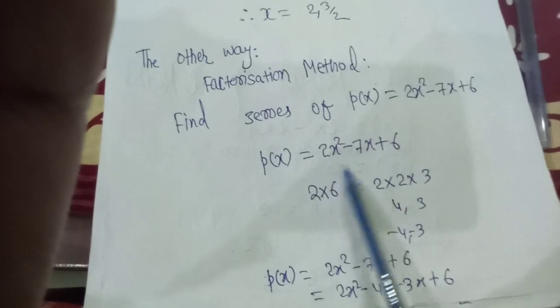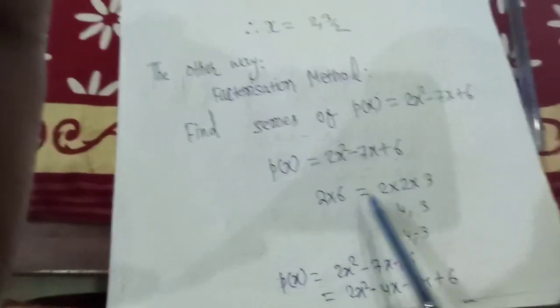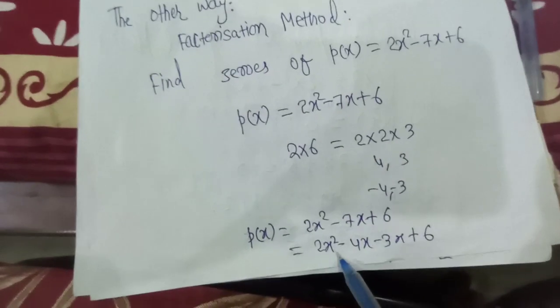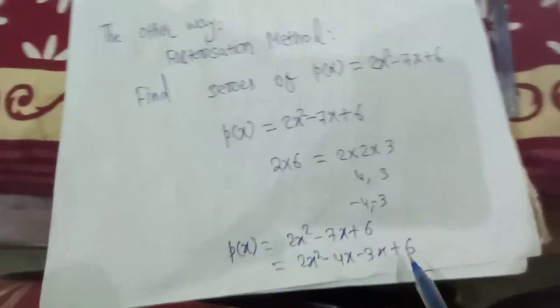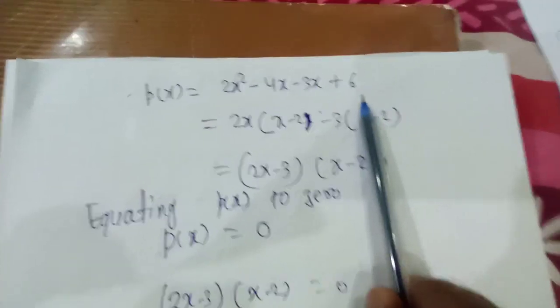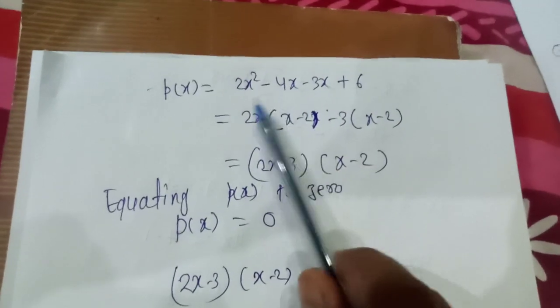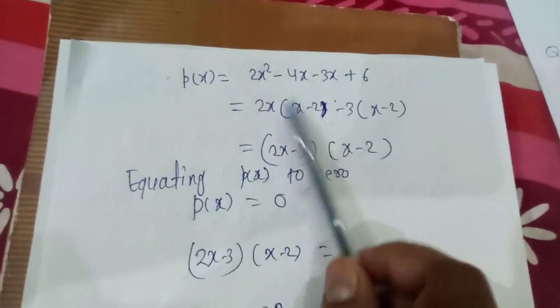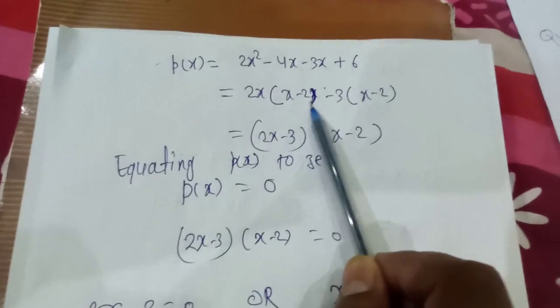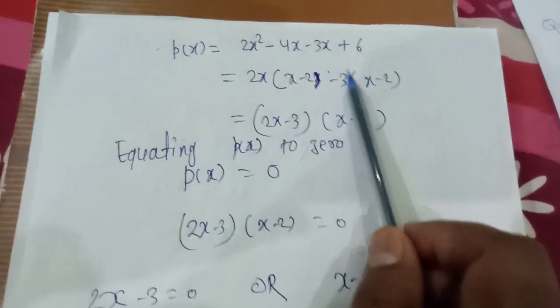So this quadratic expression can be written as 2x square minus 4x minus 3x plus 6. We can take 2x common from the first two terms, and this will come 2x into x minus 2, and from the other two we can take 3.